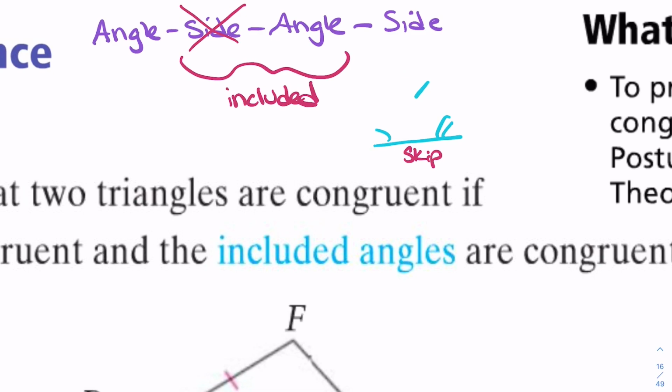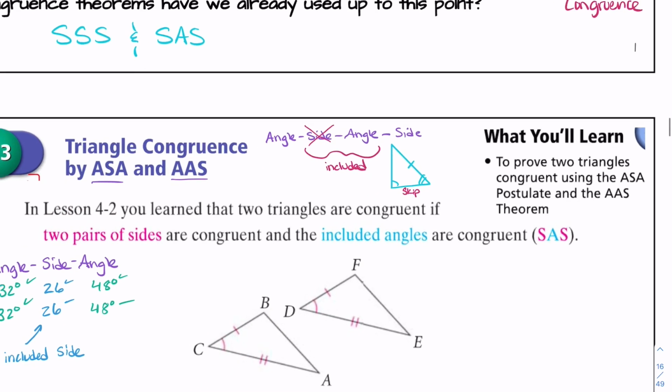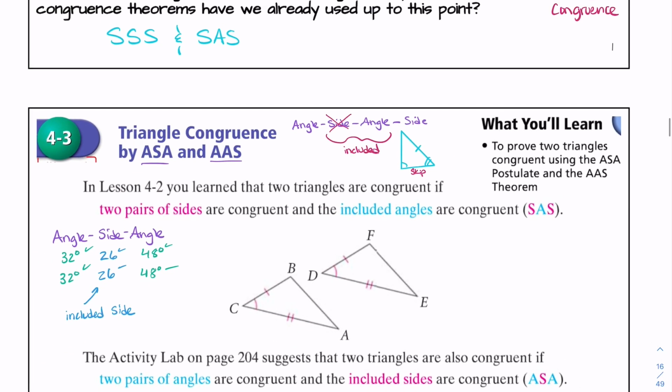But it works. There's not an example where it doesn't work. Okay? So again, you're skipping this side right there. Kind of weird, but the angle's kind of included, but the side isn't included, so it's really not included. So I'm not going to use the word included for this. You just have to be really careful when we get to these.